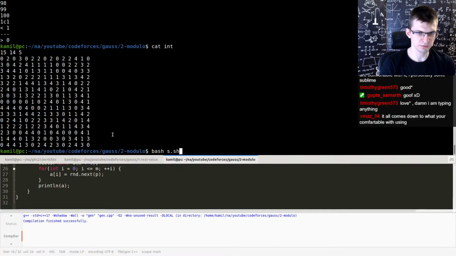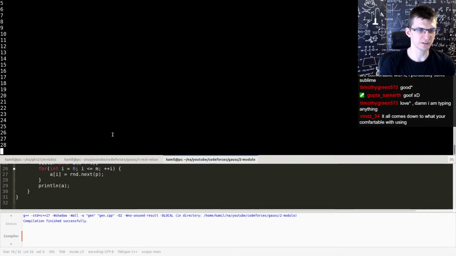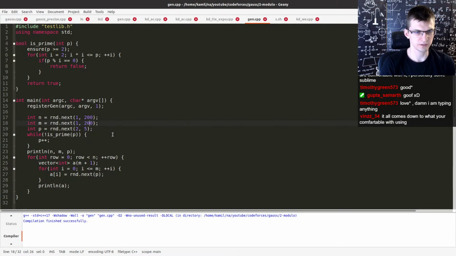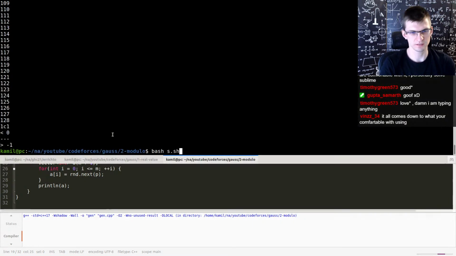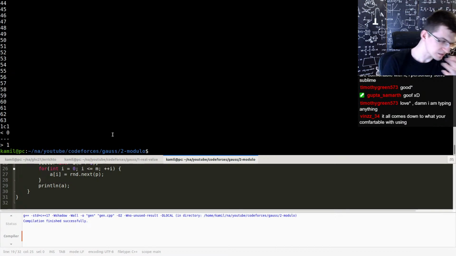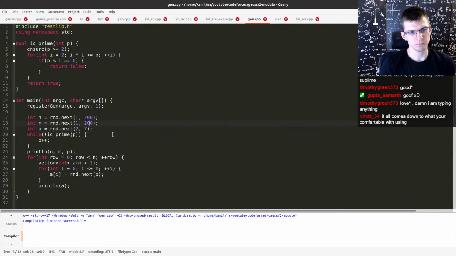I expect that we will have around 500 tests until we find a counterexample. 128, okay. We got lucky enough. Maybe with a bit bigger p, it will be even worse. I don't know, of course, it's estimating. 63, it's not that bad. But with small data, it will be instant.